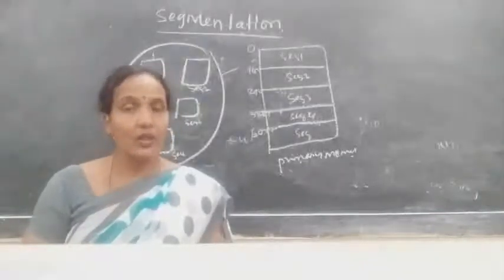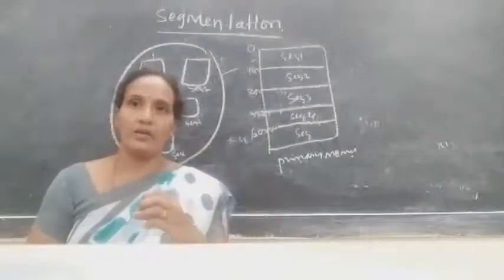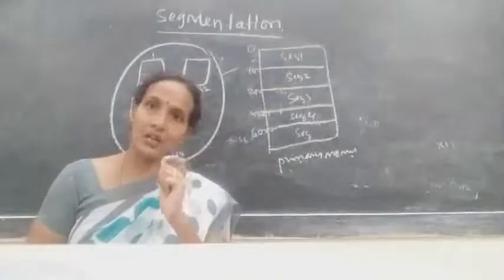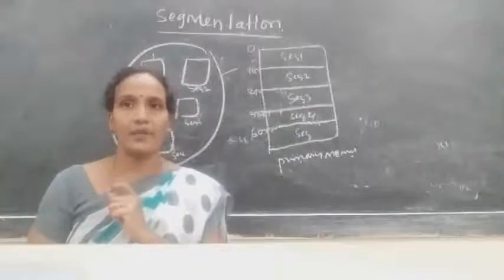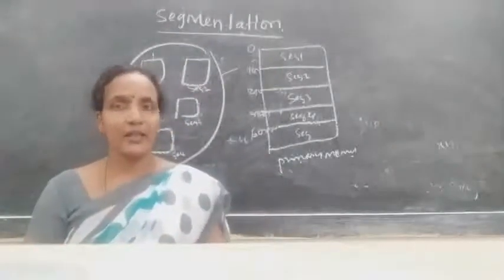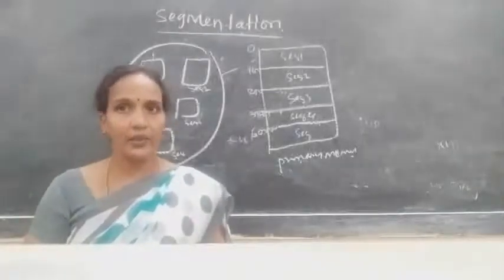Clear all of you? The advantage is that, according to your requirement, parts are divided, and each part is not of the same size. Depending on the user's modules, there are segments and there is a size for each segment. Clear all of you?